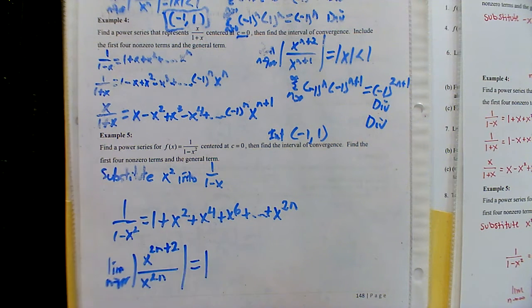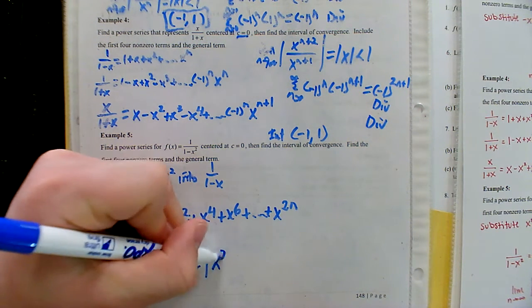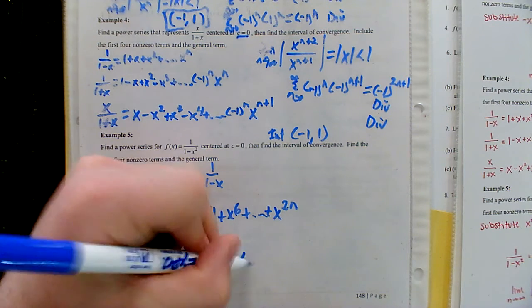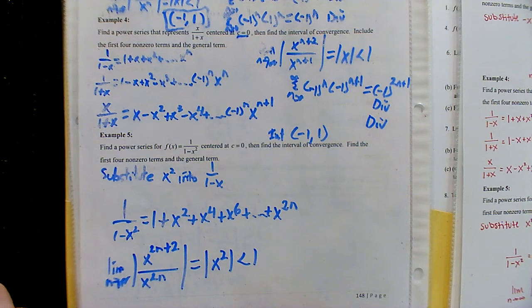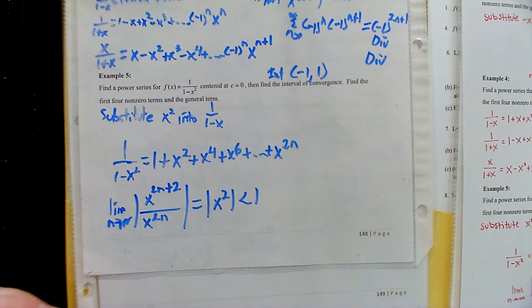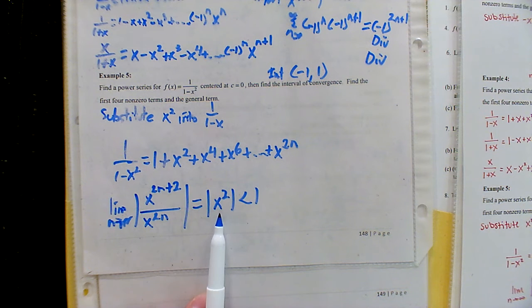And if you simplify that, you're left with x squared. So the absolute value of x squared less than 1. Does the absolute value of x squared less than 1 simplify further? Okay, so we're just going to leave it still less than 1.